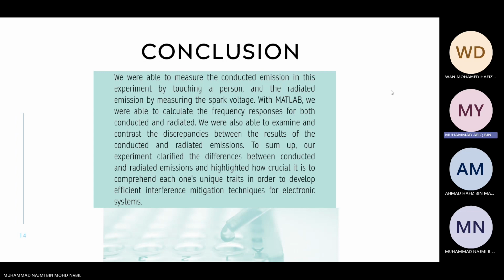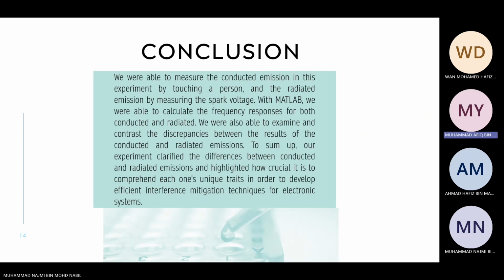So for the conclusion, we were able to measure the conductor emission in this experiment by touching a person and the radiator emission by measuring the spark voltage. By using MATLAB, we're able to calculate the frequency for both conductor and radiator.